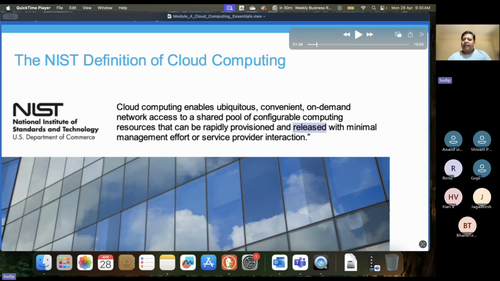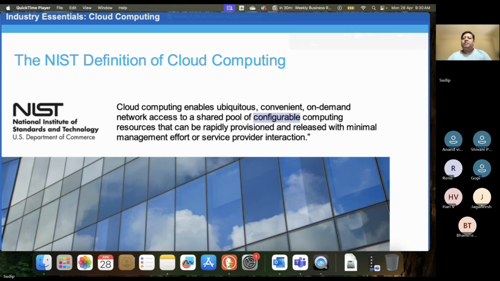The third characteristic is that it should be configurable. What do we mean by this? The end user, who is the consumer of the service, should have the choice and the freedom to select how much they want and for how long they want it.